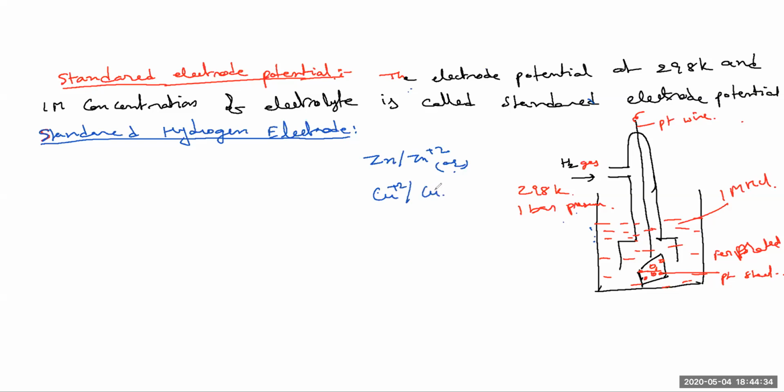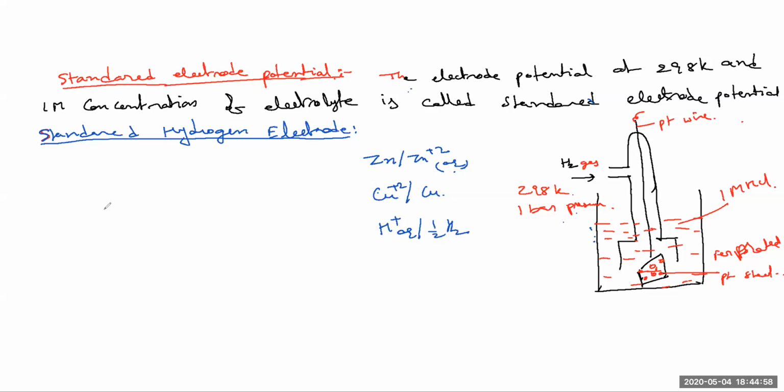That means the concentration difference between the metal and its ion, or non-metal and its non-metal ion. Now if it is the hydrogen electrode, what is the representation? You know, that is H plus aqueous slash half H2. This is the representation of the electrode. E naught is the electrode potential value.